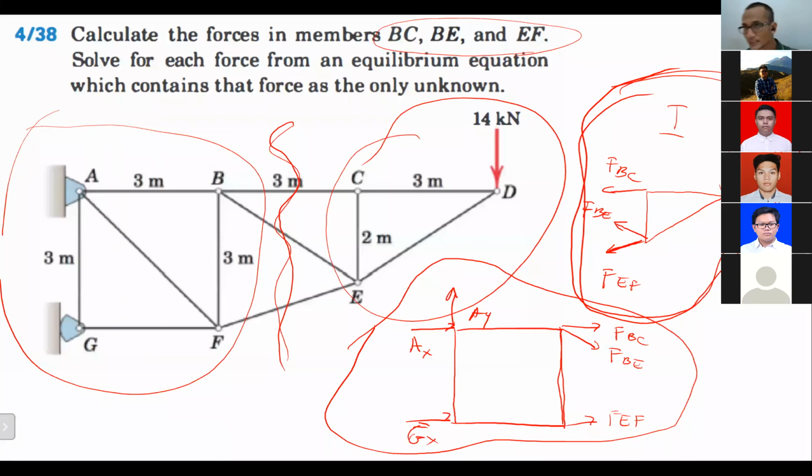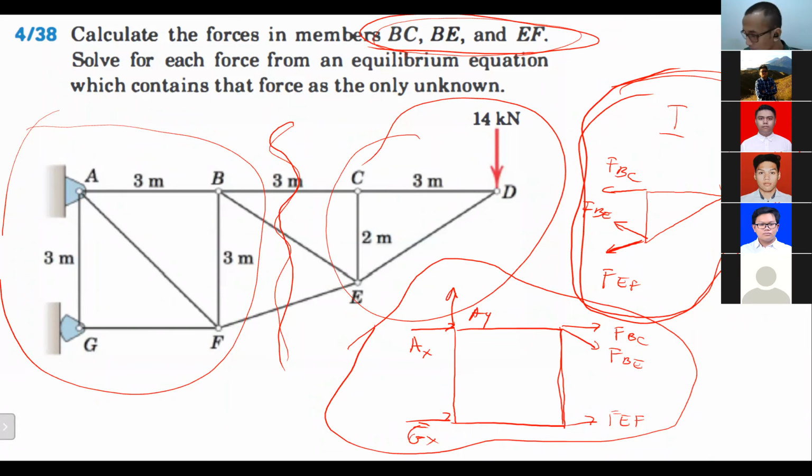But unfortunately for us, in this particular problem we are only asked to find BC, BE, and EF, right? Just by solving the right free body diagram, it will be enough for us, correct or not? Yes, because we have three unknowns there, and for each free body diagram we will have three equations, based on what you learned in equilibrium.